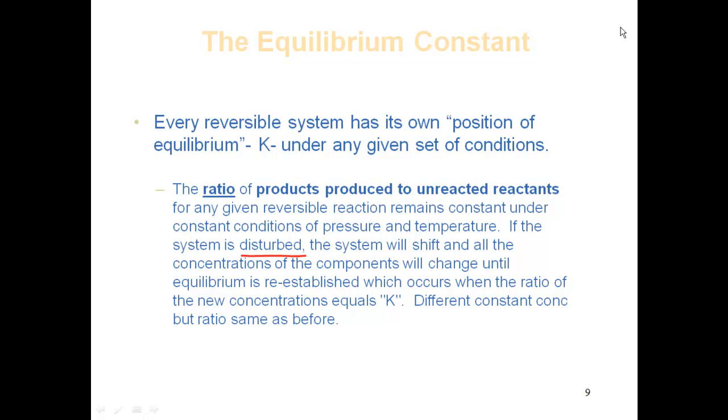You get different constant concentrations of your species, but the ratio will still be the same as before, equal to K.